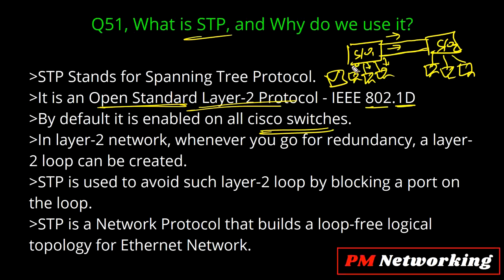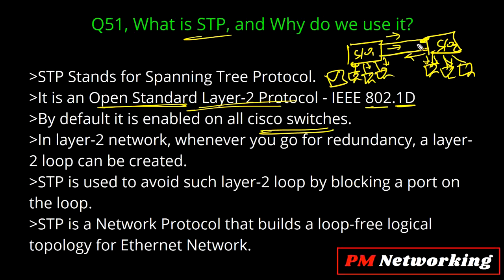except this interface. Now when switch 2 receives the broadcast message on this interface, switch 2 will again check the destination MAC address. The destination MAC address is all F. Now again switch 2 will forward that broadcast message from this interface. So now switch 1 is receiving the same frame from switch 2 that switch 1 has sent to switch 2.